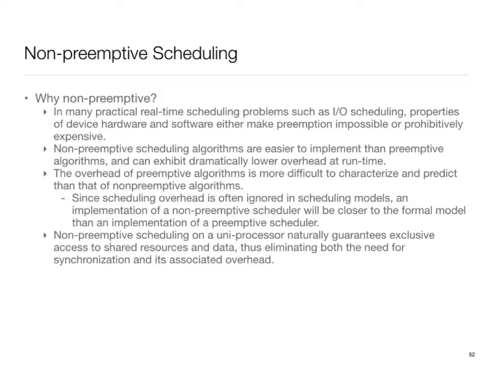So let's say I started doing it, and then lo and behold, some more important client comes in, and I'm preempted. Well, next time around, I have to do all that setup procedure all over again, because that is lost. So many systems are intrinsically non-preemptible, and so you face non-preemptive scheduling there.